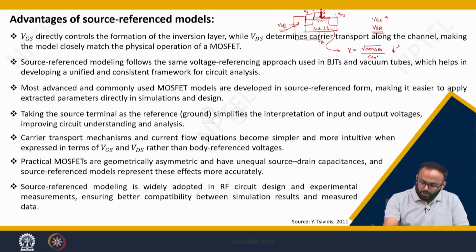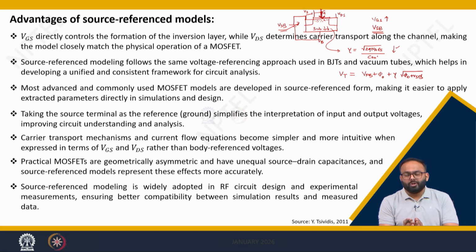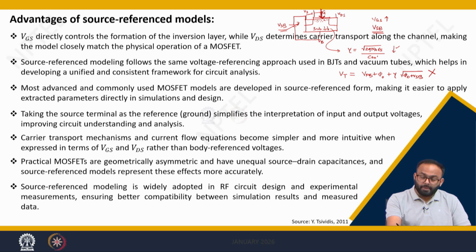If that factor is lowered, the variation of Vt with VSB will be lowered, because Vt is given by the flat band voltage plus phi naught plus gamma times square root of phi naught plus VSB. That is, the impact of body voltage is relatively less compared to the impact of the gate to source voltage. That is why we prefer the source reference model instead of the body reference model.